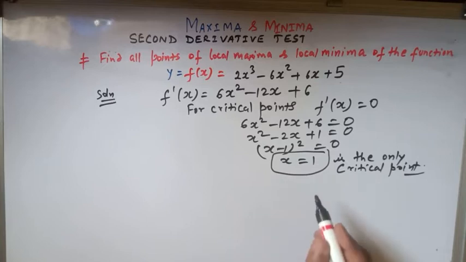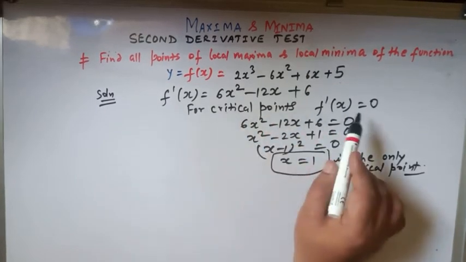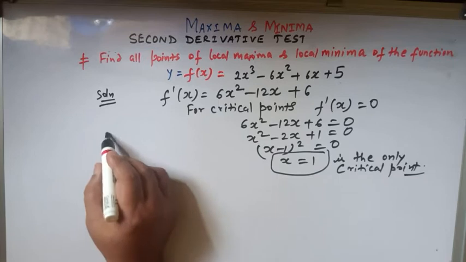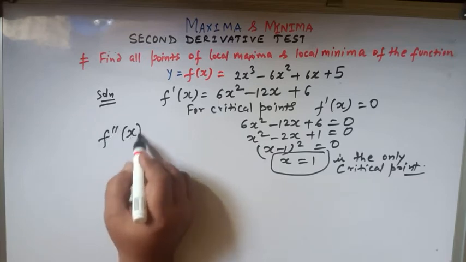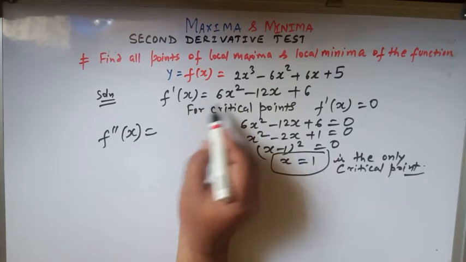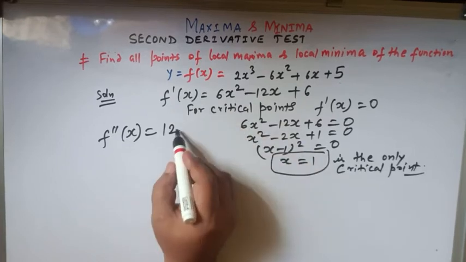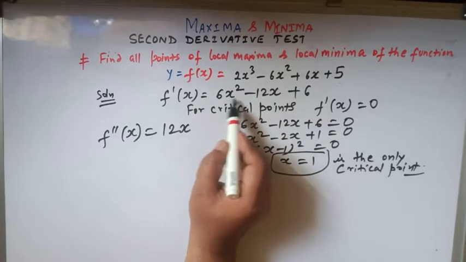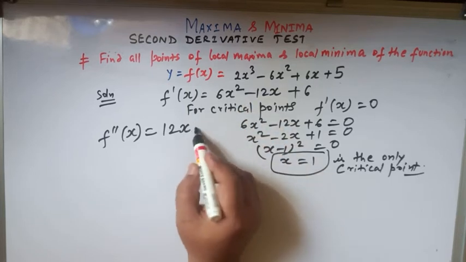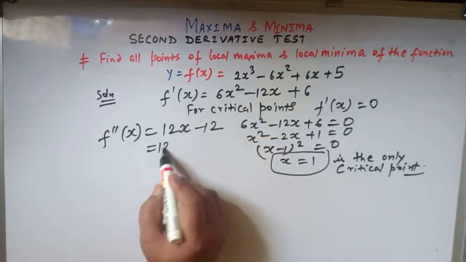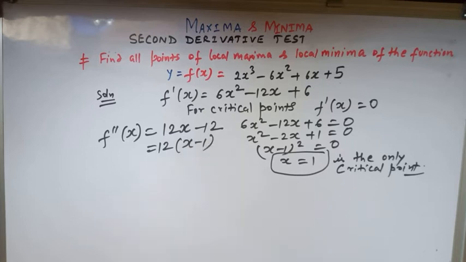So viewers, let us find the second derivative. Now the second derivative is 12x − 12, because the derivative of x² is 2x, and 6 times 2 is 12. So here we have 12 times (x − 1).